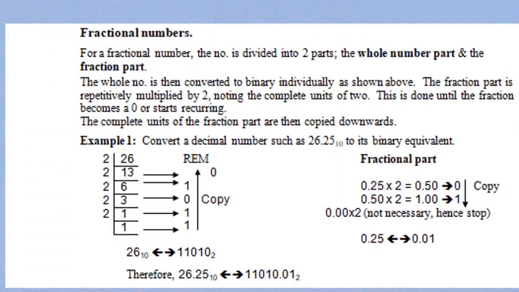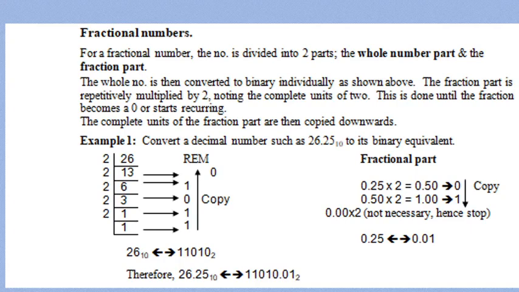Then sometimes you can get a fractional number like 26.25, and it is in base 10. Therefore, for a fractional number, the number is divided into two parts, the whole number part and the fractional part. That is the integral and the fractional part. The whole number is then converted to binary individually as shown above.